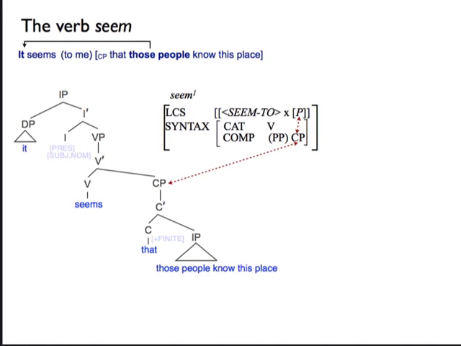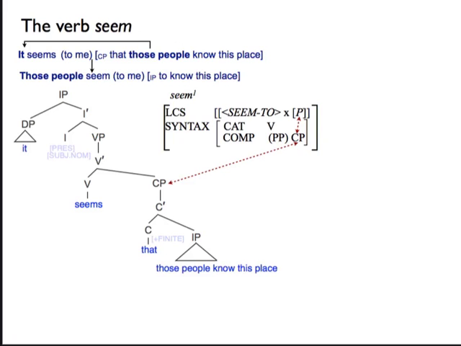This was the initial observation that was made in transformational grammar, that it seems like you can move the subject of the embedded proposition to the front of the sentence, and this was originally called replacement. So the idea was that you generate the sentence "it seems to me that those people know this place." That's the default form. That's the basic form. And then there's a transformation that says, oh, well, you know what? We can replace that it with a noun phrase from the embedded clause.